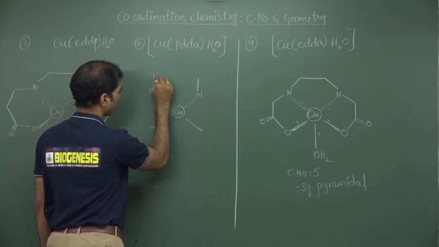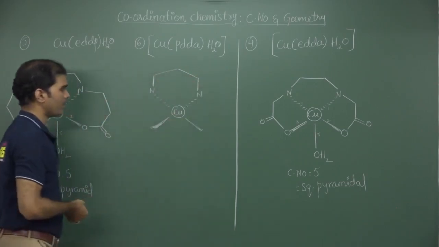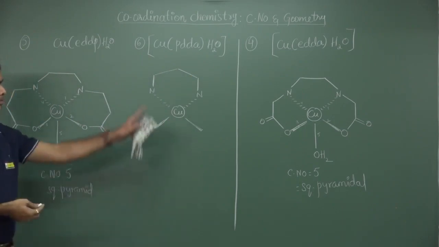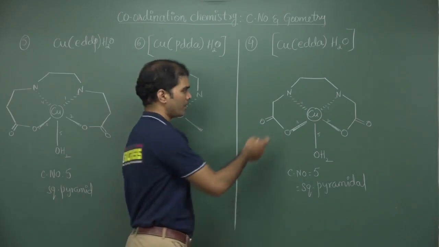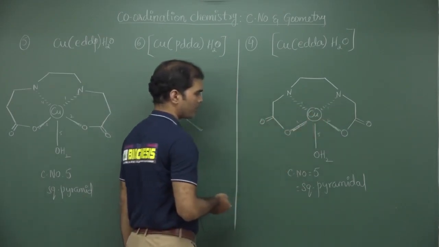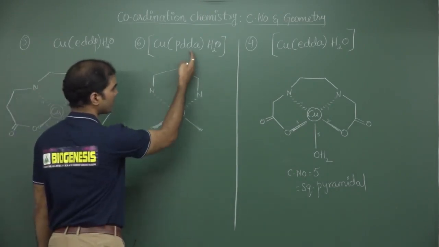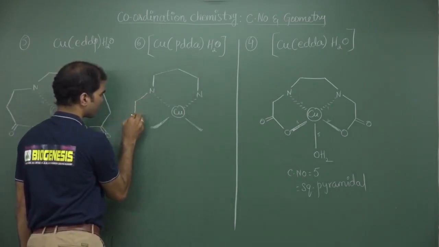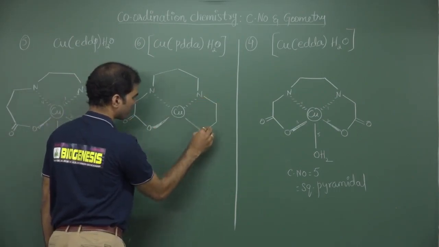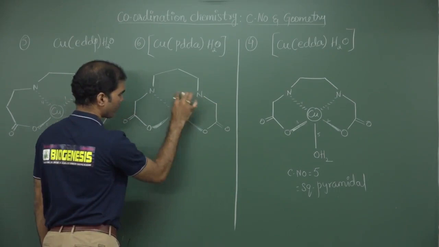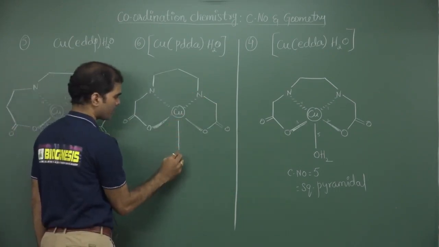Why all these are important is, suppose at higher level CSIR GATE or say JAM level, they may ask you, once the ligand is binding to the copper, how many chelate rings are being produced? 1, 2, 3 chelate rings in the first case. 1, 2, 3 chelate rings in the second case. Even in the third case, it is a diacetato. 1, 2 and 3, altogether 3 rings are being generated, 3 chelate rings.